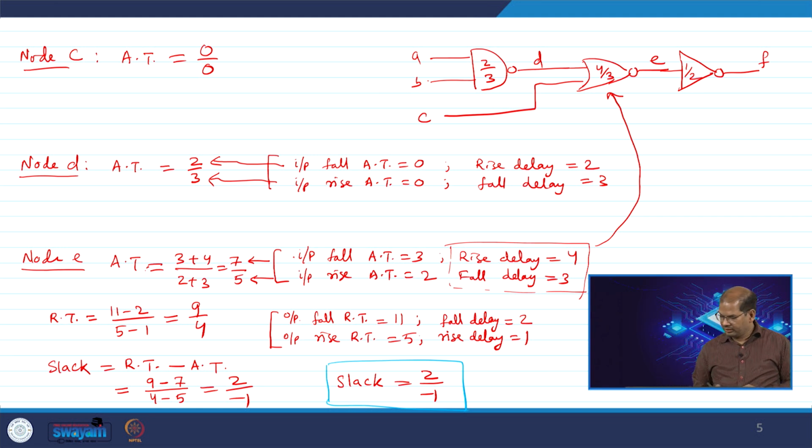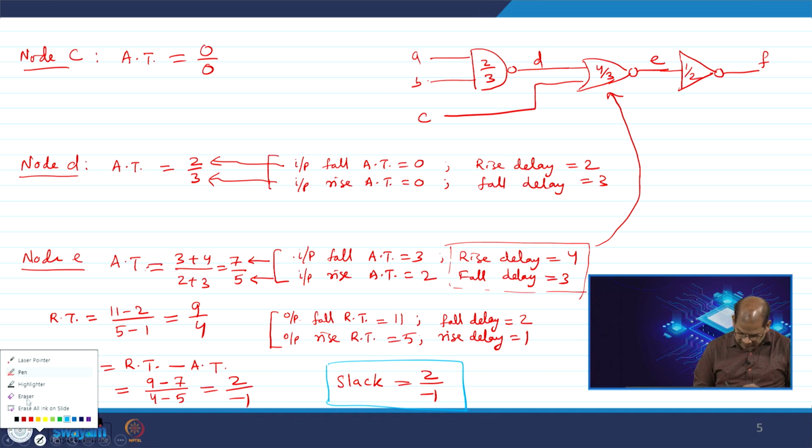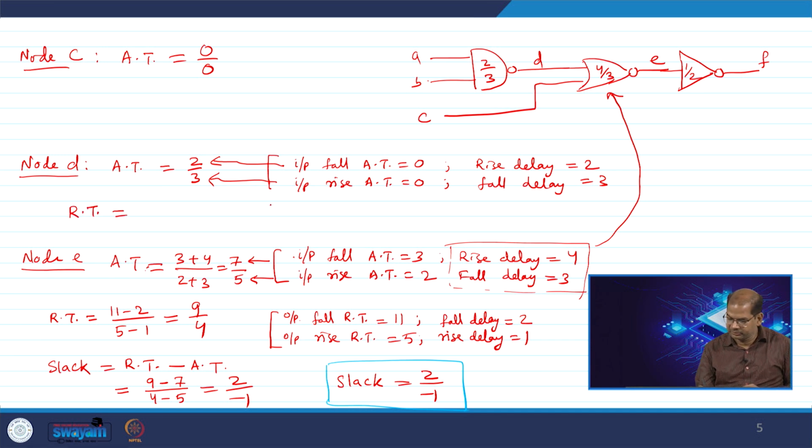So, now I will go to node D. At node D, I need to find the required time. First I need to find what are the inputs for the required time. I will write down here, then I can do that.